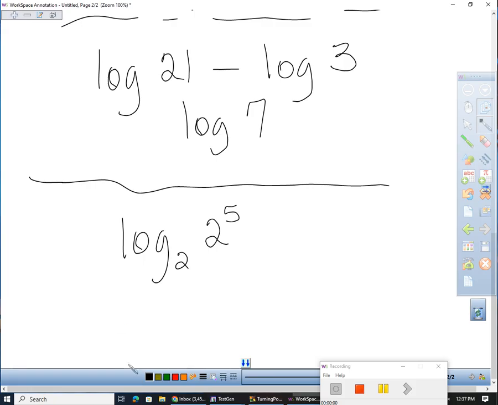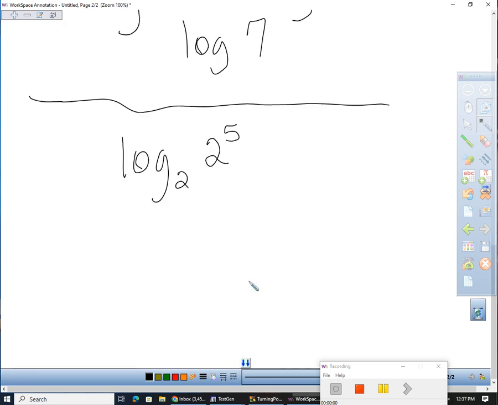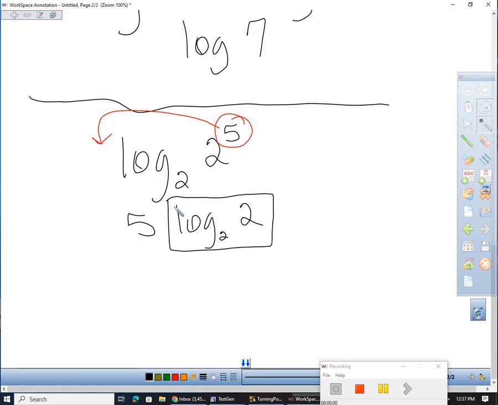So this has two properties in it. The first property says if I have an exponent, it gets to go to the front. 5 log base 2 of 2. The very final property I gave you said that when I have log base 2 of 2, what does that equal?